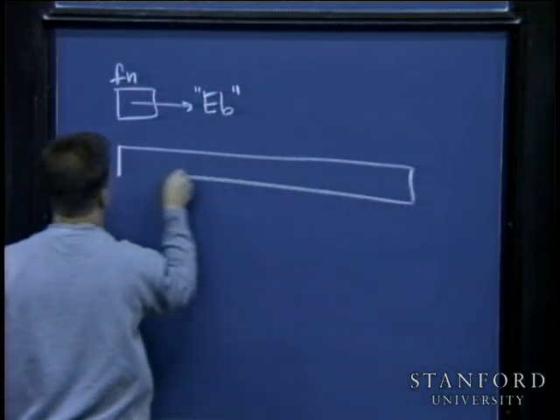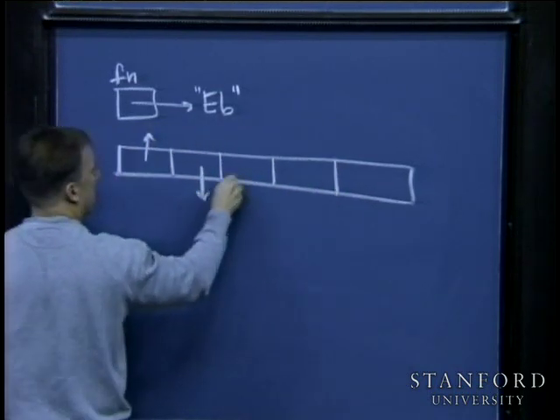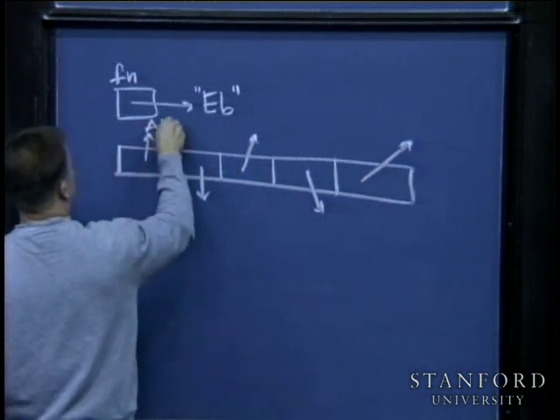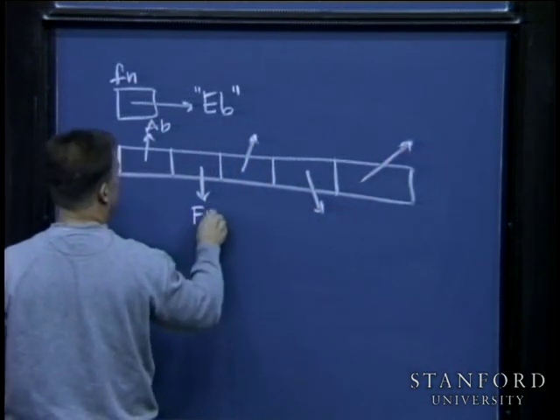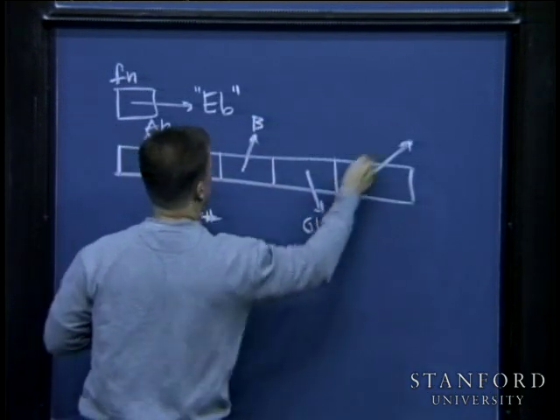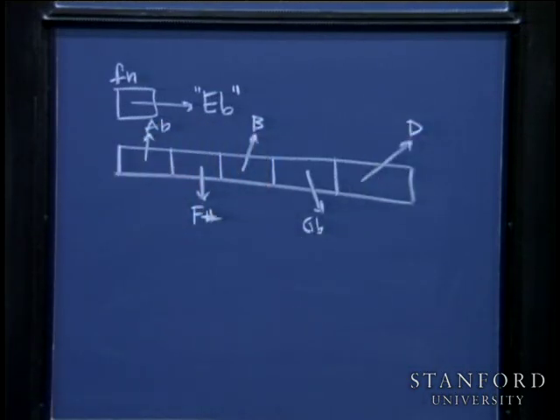The actual array happens to be of length 5. It points to strings A flat, F sharp, B, G flat, and D. It's a cleaner picture. I want to search the array for my favorite note, E flat.